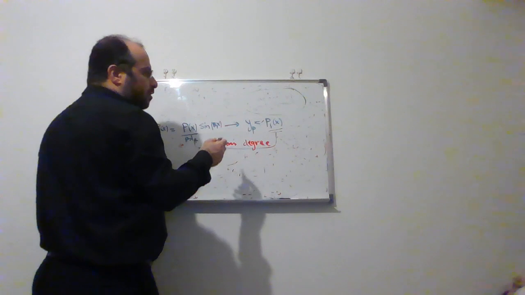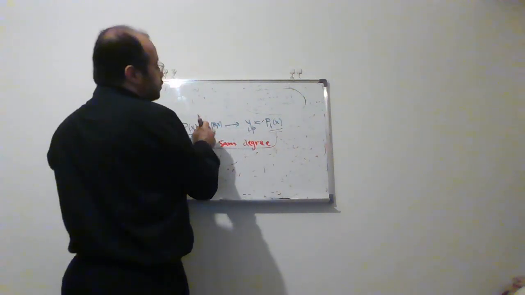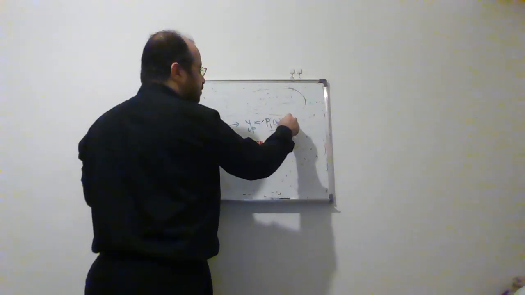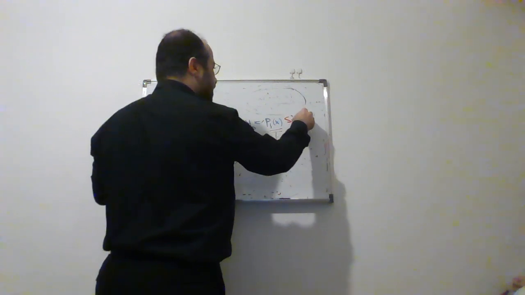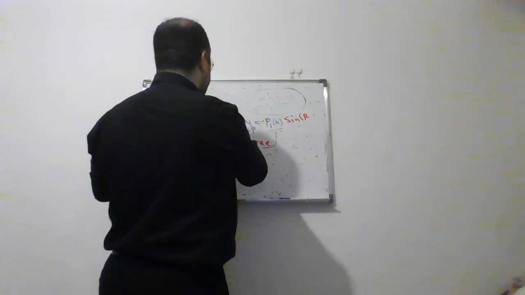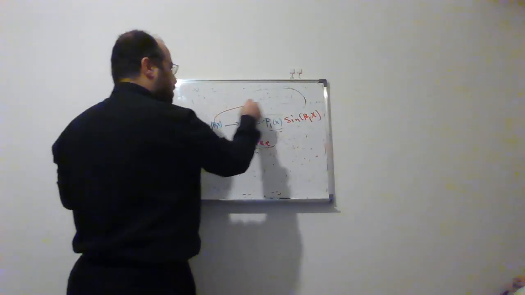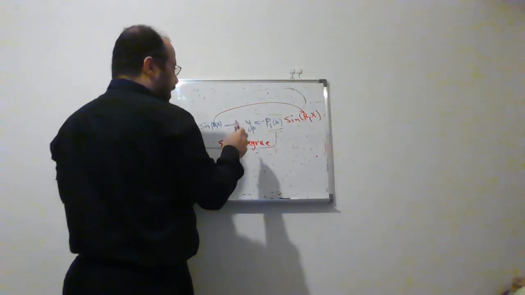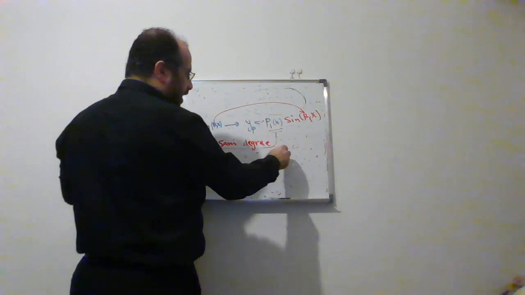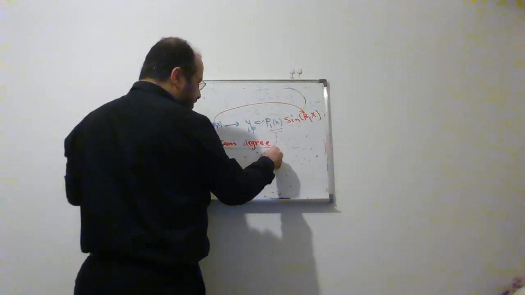Now if you want to choose only sine, but I told you always choose sine and cosine, right? So here the same beta 1x, so I'm choosing the same beta. And now you need to choose plus here.